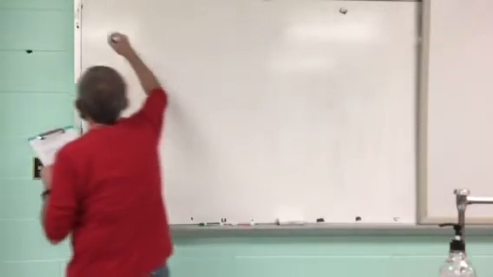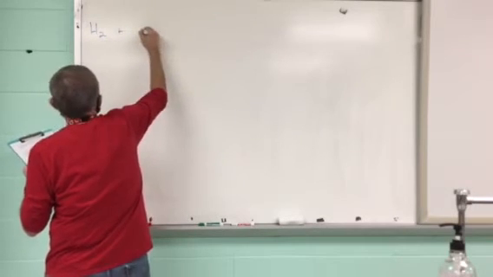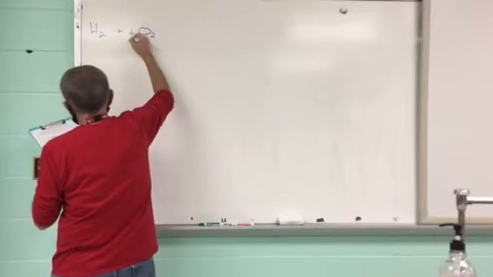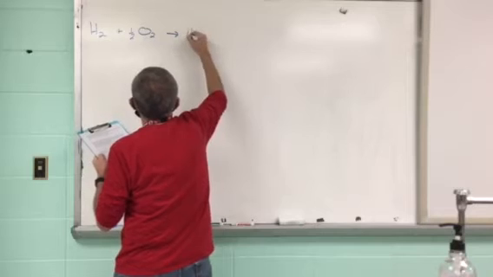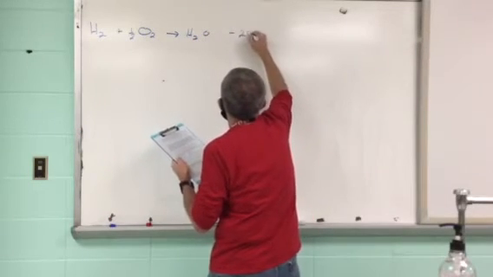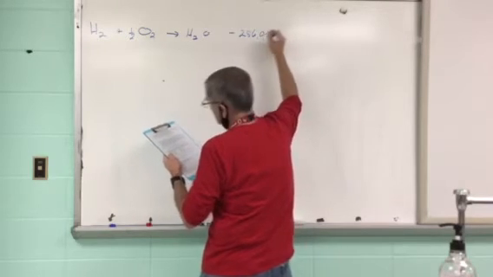In fact, maybe I better write this down. Hydrogen, I won't put all the states of matter in, try to save a little time here, to water, and that is negative 286.0 kilojoules.